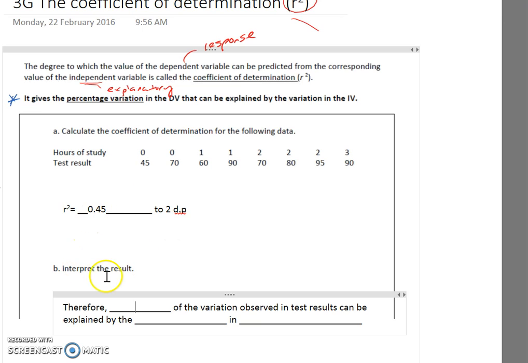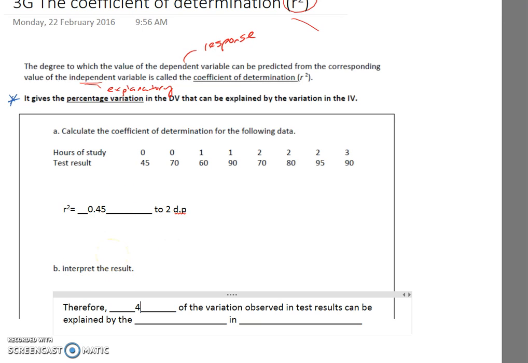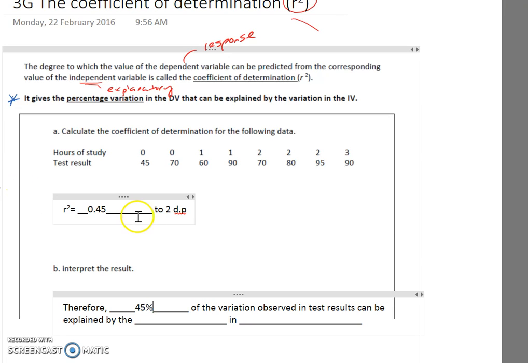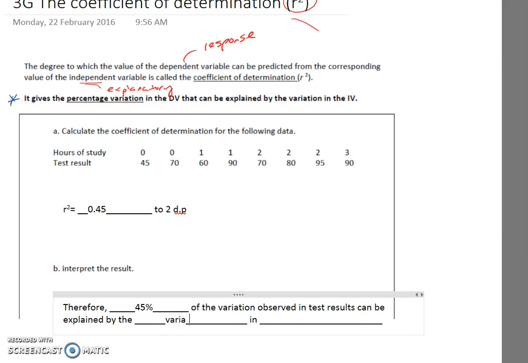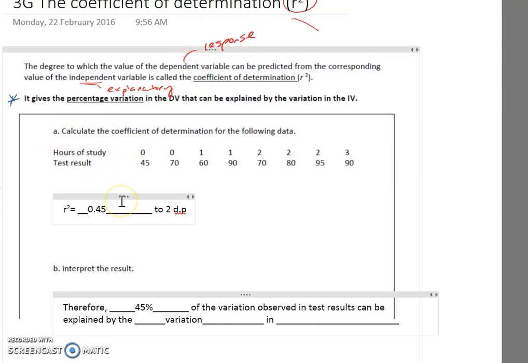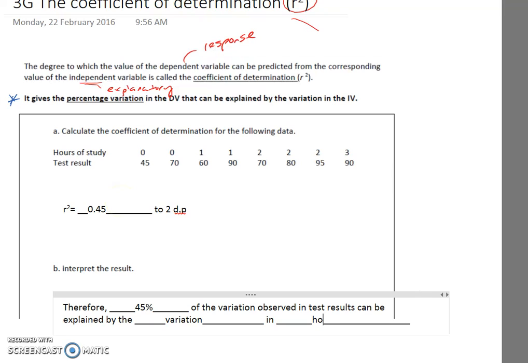So you go, okay, therefore 45%, because if you multiply this by 100 you get 45. 45% of the variation observed in the response variable can be explained by the variation in the explanatory variable, which is the hours of study spent.